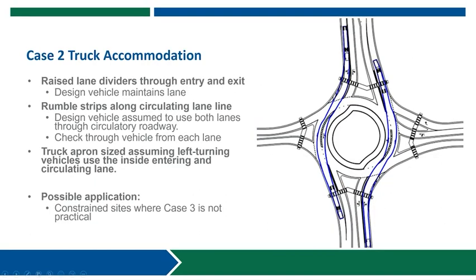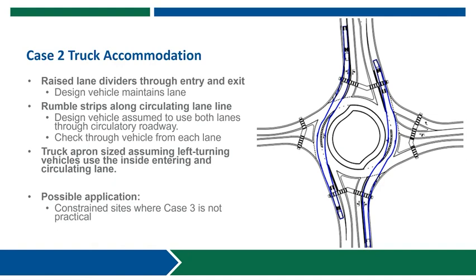For case two designs, the GDOT Roundabout Design Guide specifies that raised lane dividers should be used between the lanes through the entries and through the exits. This helps to support vehicle channelization and speed control objectives. But for design vehicle check purposes, it means that we need to be keeping the design vehicle in its own individual lane through the entry and exit.